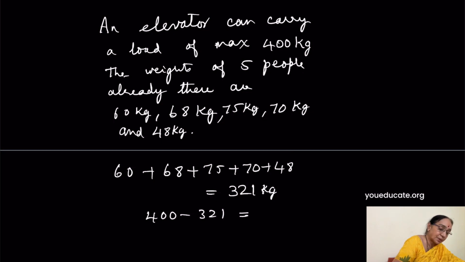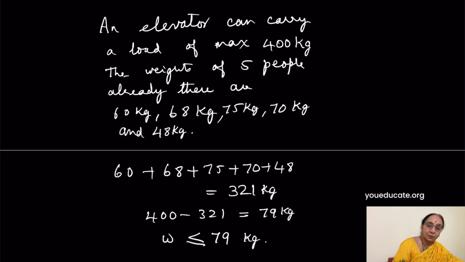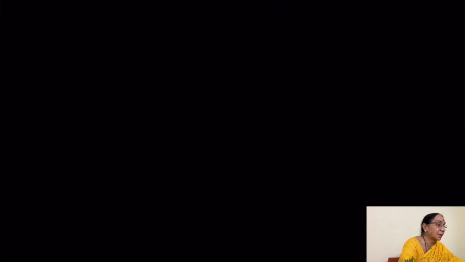That comes to 79. So the 6th person who can enter the elevator should be less than or equal to 79 kg. W should be less than or equal to 79. Maximum he can only be 79 or he can be less. So it depends upon the person. Right? So this is one example where we use inequality.